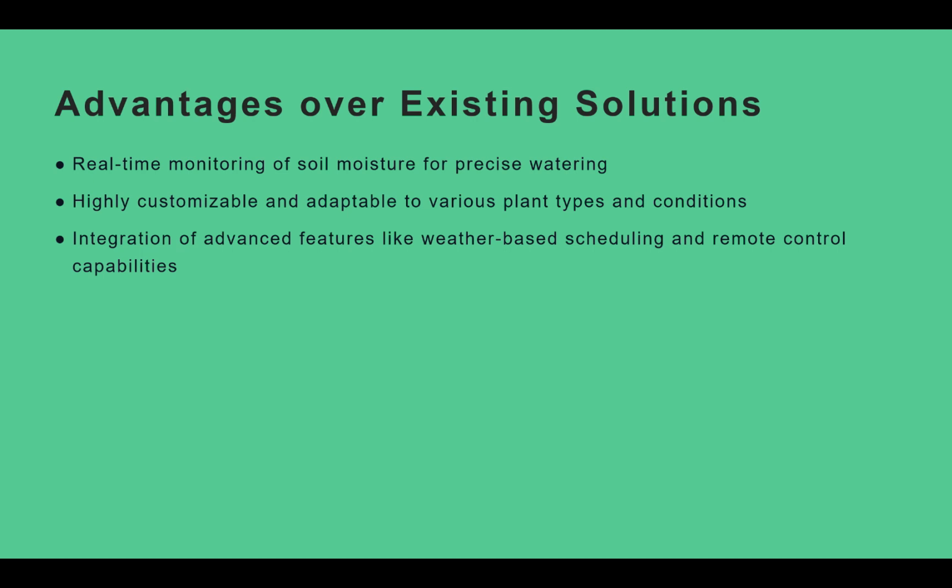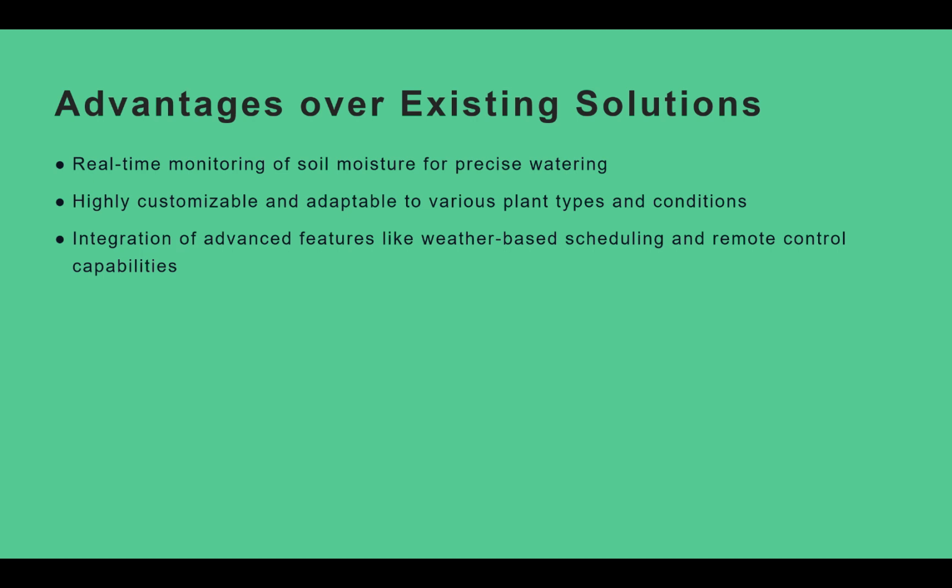For the advantages compared with existing solutions, my automatic plant watering system using a Raspberry Pi offers several advantages. First, it provides real-time monitoring of soil moisture, which allows for more precise watering to the needs of individual plants.